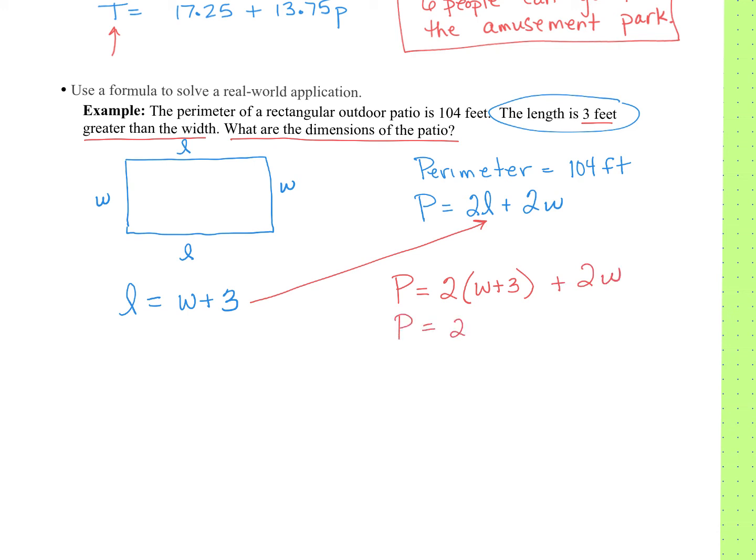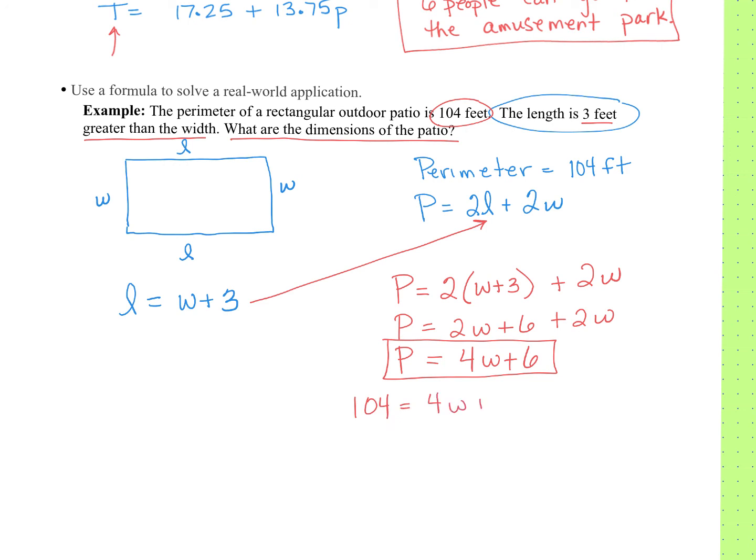And let's go ahead and simplify. 2W plus 6 plus 2W, or 4W plus 6. So that's our perimeter. And we know that our perimeter is 104.